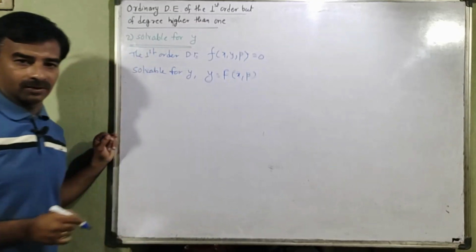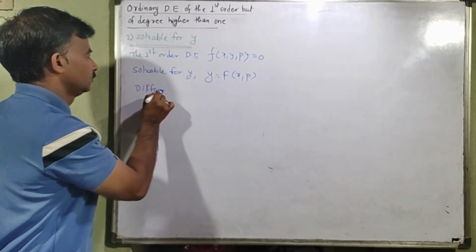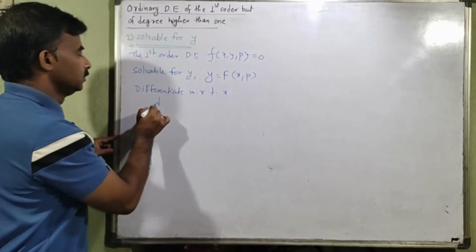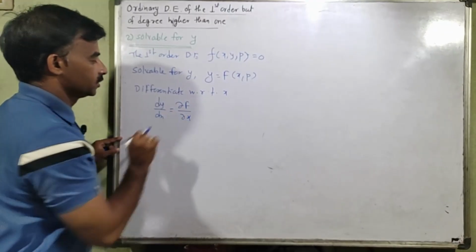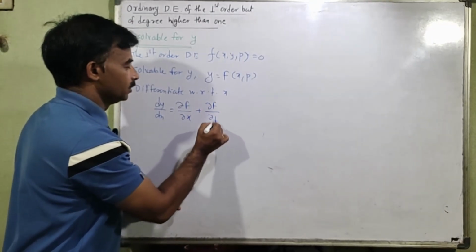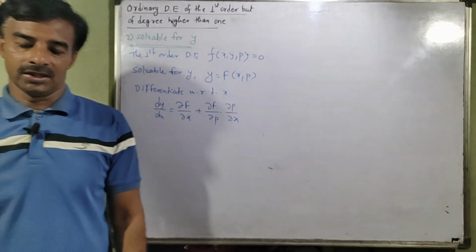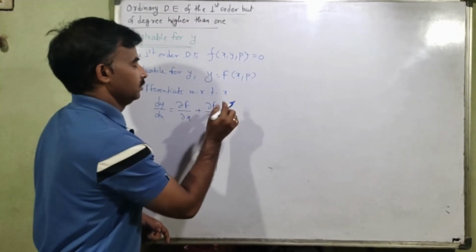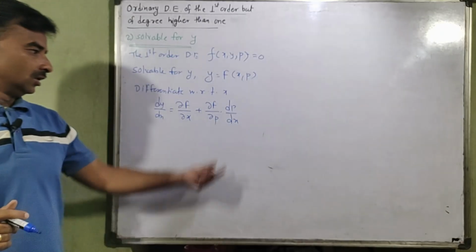Then differentiating with respect to x, you will get dy by dx is equal to, first of all, dou f by dou x plus dou f by dou p into dou p divided by dou x, which is dp divided by dx, because p is a function of x, and therefore you can directly carry out the derivative of p with respect to x.